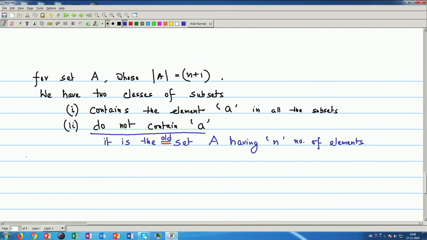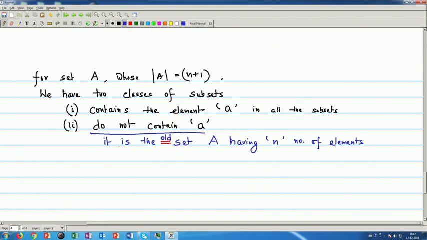And just now the property we have seen that always half of the subsets contain a particular element A and half of the subsets do not contain a particular element A.